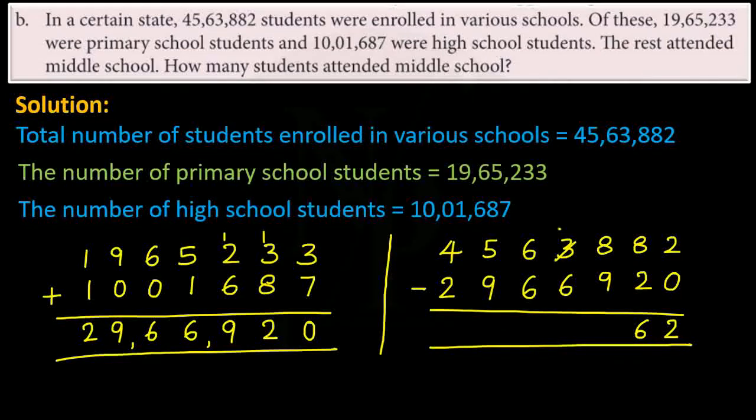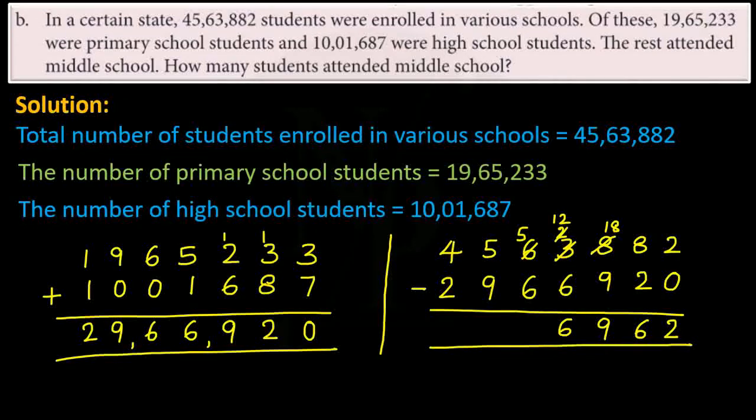So make this 2 and this will become 18. And subtracting 9 from 18, you get 9. And to subtract 6 from 2, you need to regroup, make this 5 and this will now be 12. Subtract 6 from 12, you get 6.